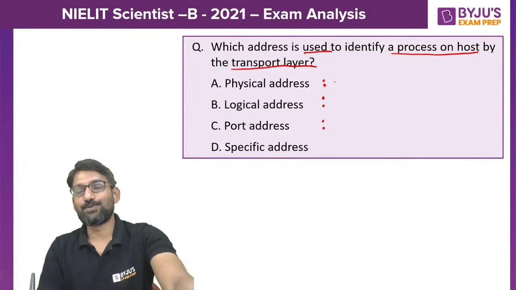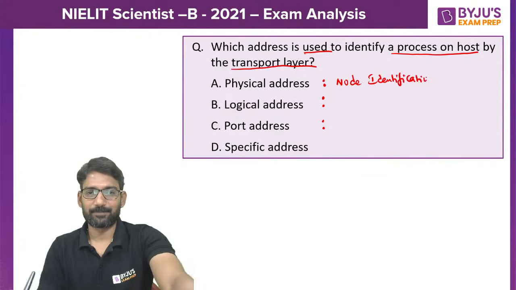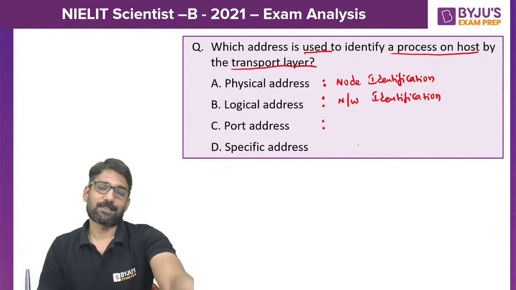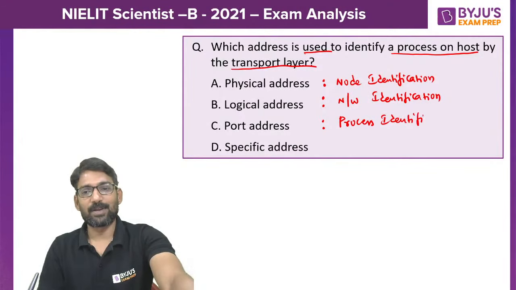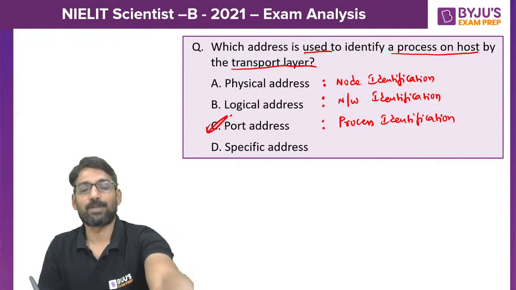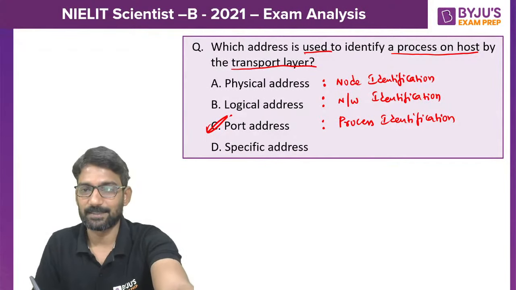Physical address is used for node identification, which is MAC address. Logical address is used for network identification, that is IP address. Port address is used for process identification, service point address you can say. So that is certainly port address. Right? Very good.